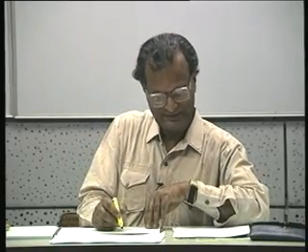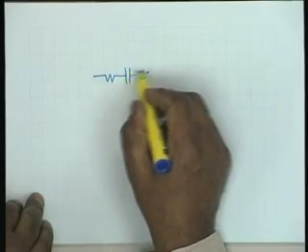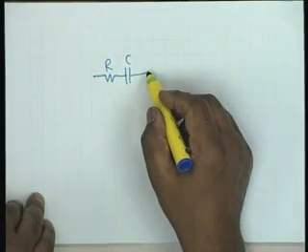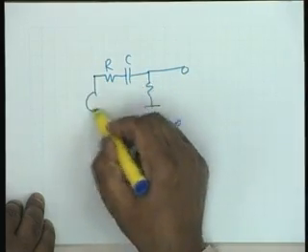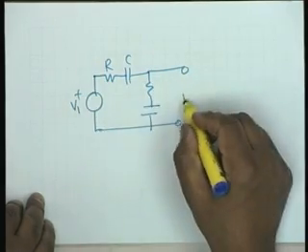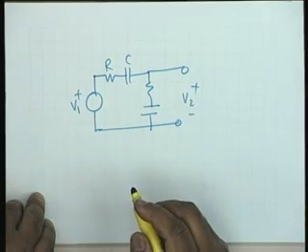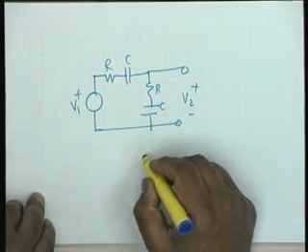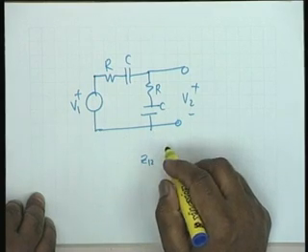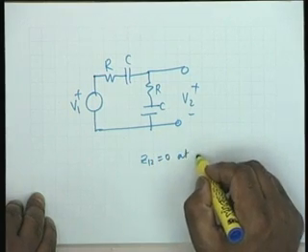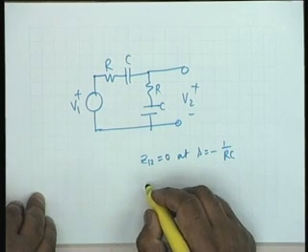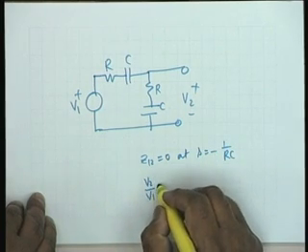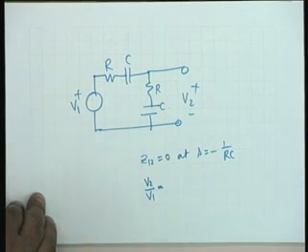Okay. For example, let's take a simple example. Let's say an R and C in series and an R and C in shunt. This is my V1 and this is my V2. Obviously, Z12 has a 0 at s equal to minus 1 over RC. But the transfer function V2 by V1 does not have a 0 there.